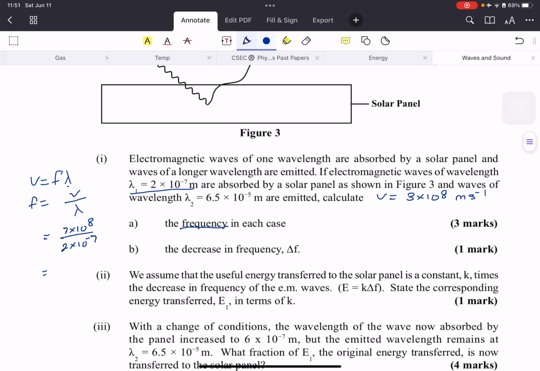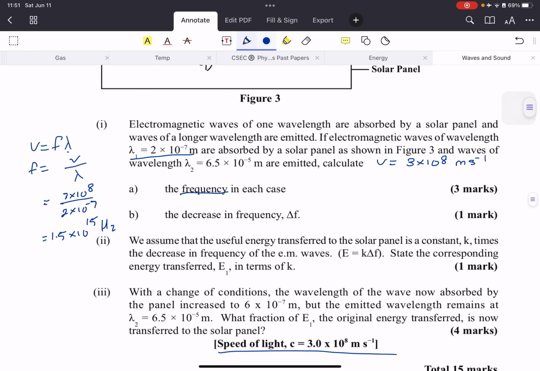It's going to be quite a large number. So I'll get 1.5 by 10 to the 15 hertz.